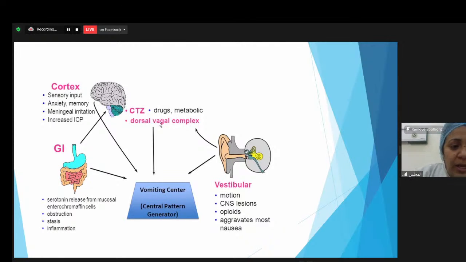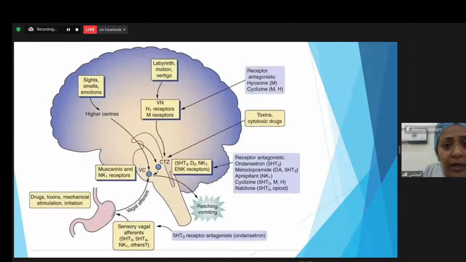We have the GIT, as we can see here. We know that most of the GIT symptoms can lead to vomiting, so it has some involvement in the trigger of vomiting. Okay, this diagram, I found it's much more clear than the first one.